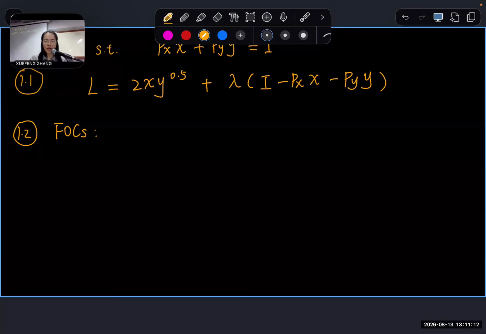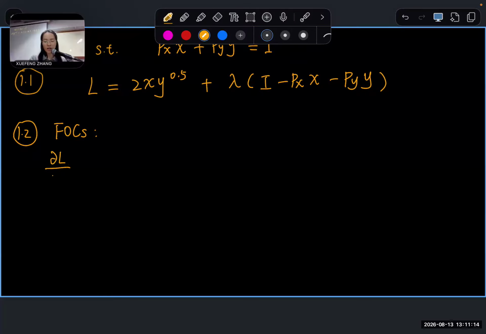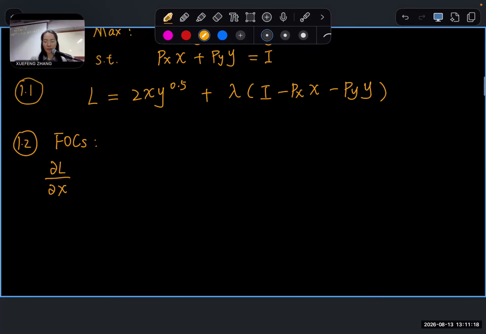The first one, ∂L over ∂x. What does it mean? You take derivative with respect to x only. Basically, you need to treat y and lambda as constant, okay?